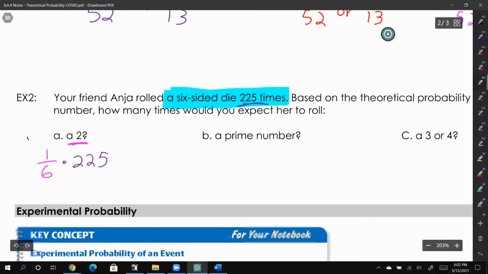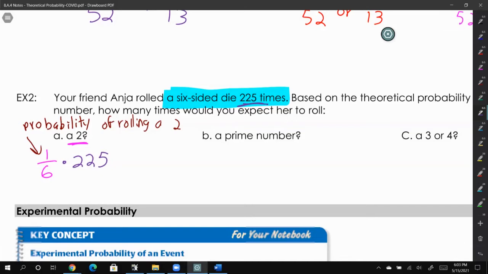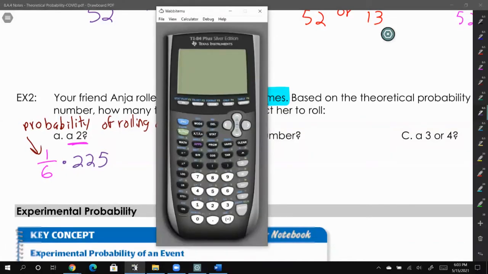So this was the probability of rolling a 2 times the number of trials. And in the calculator, we would just do 1 divided by 6 times 225.